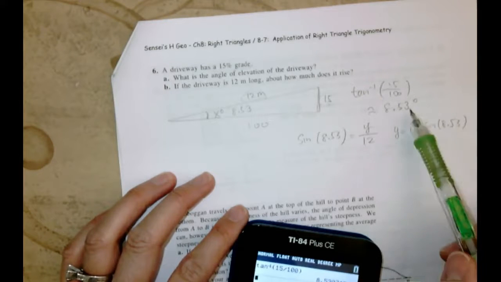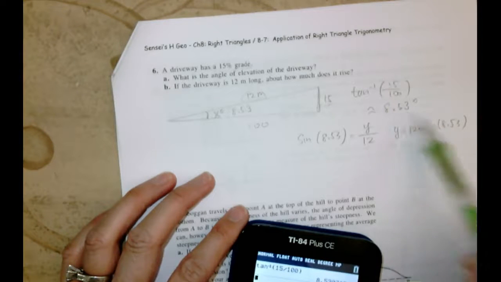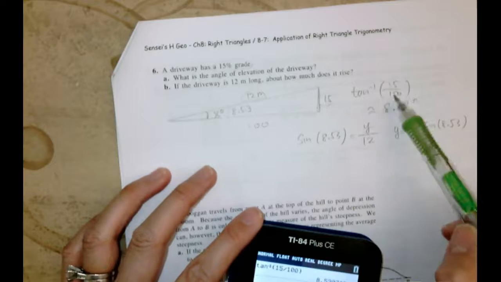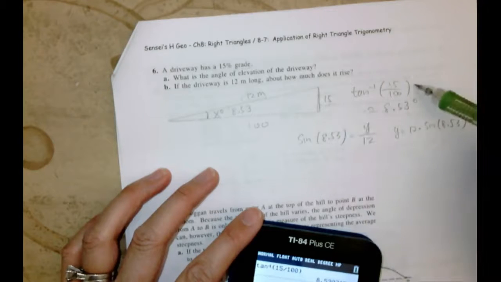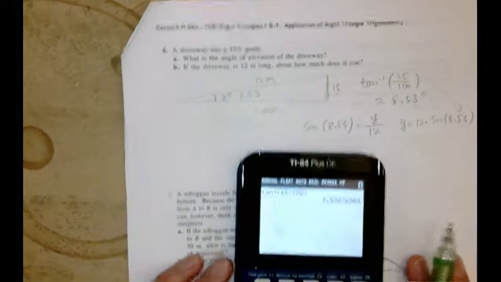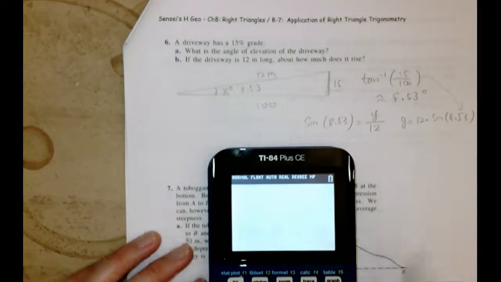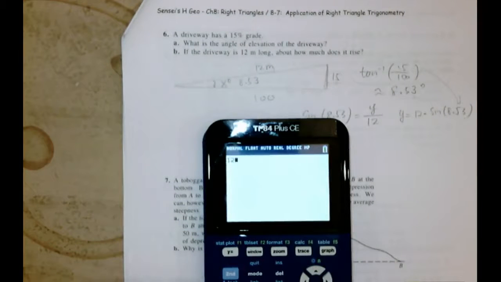Now here, for showing purposes I'm using 8.53, but in the test, in the calculation, you put this in here, so it's more precise, rounding. So here you go, and then you have to show that on the paper. Okay, so that would be 12 times sine of tangent inverse of 15 divided by 100, parenthesis closed.